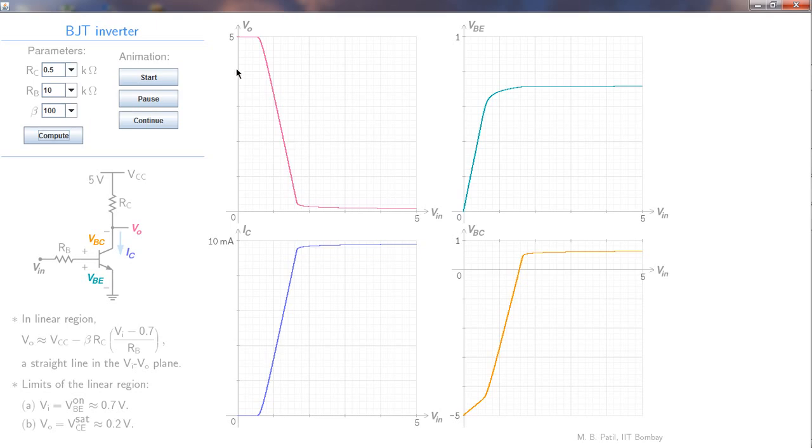And that is exactly what this circuit is doing, and that's why it's also a BJT inverter. It's also an amplifier, because in this region there is a small change in VI, then there is a large change in VO, and that's why it's an amplifier as well. We will look at that in more detail soon.